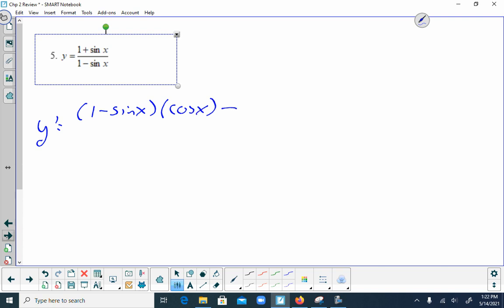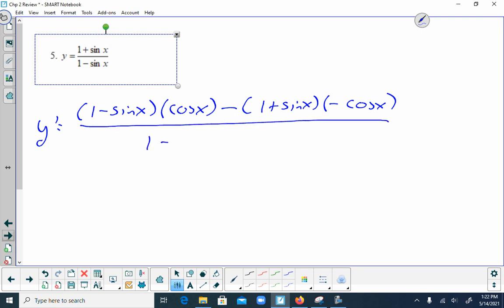Minus, now I'm going to leave the numerator alone. So 1 plus sine x I'm leaving alone. Taking the derivative of the denominator, I'm going to have 1, which the derivative of that is 0. Then I'm going to have that negative sign, and the derivative of sine of x is going to be cosine of x. And this is going to be all over 1 minus sine x squared.